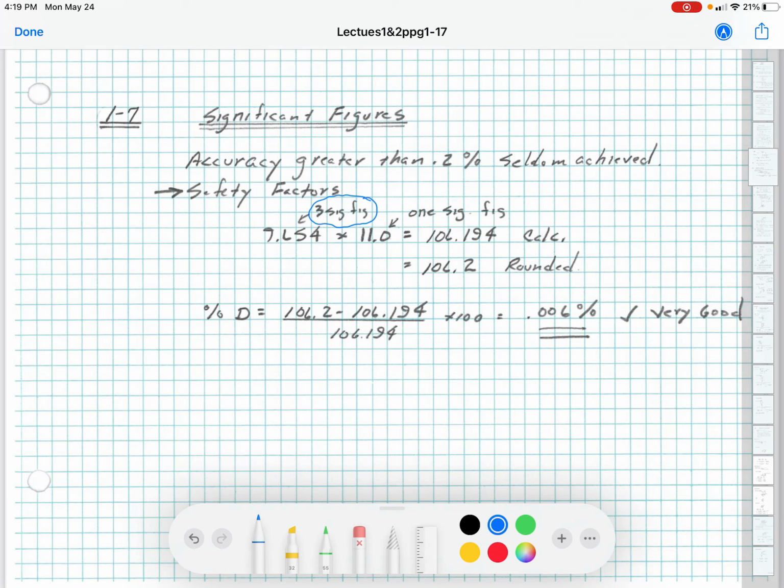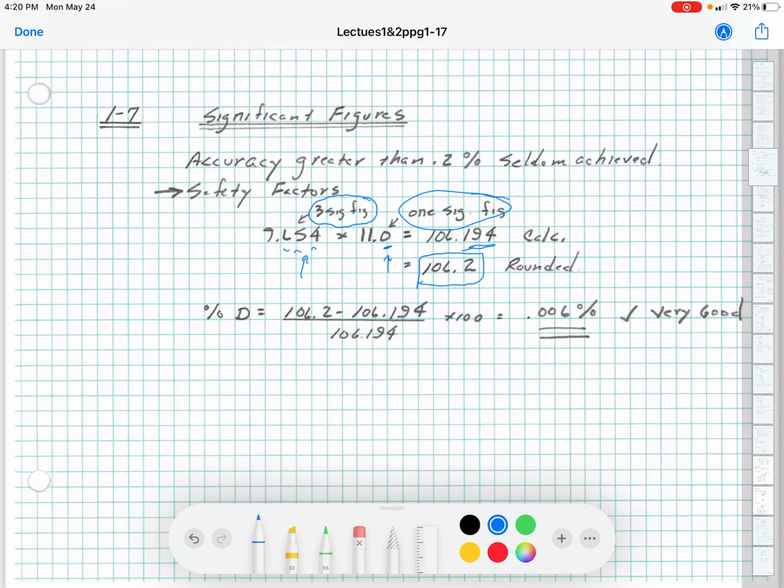There are 3 figures to the right of the decimal point, and in this case there's 1. If you multiply those together, this is 3 significant figures, but really you're only accurate to 1 significant figure, because that's the smaller of the two, between 1 sig fig and 3.